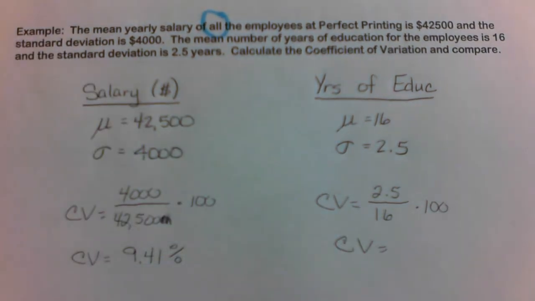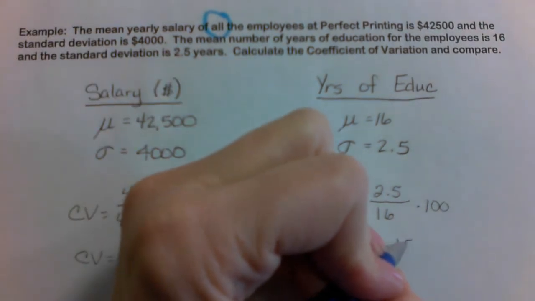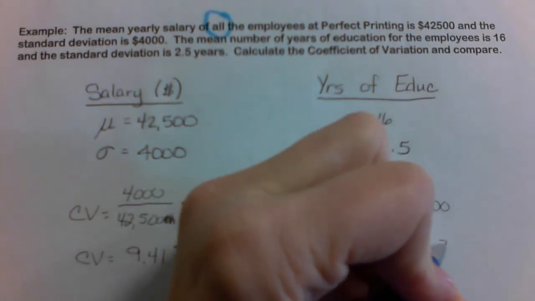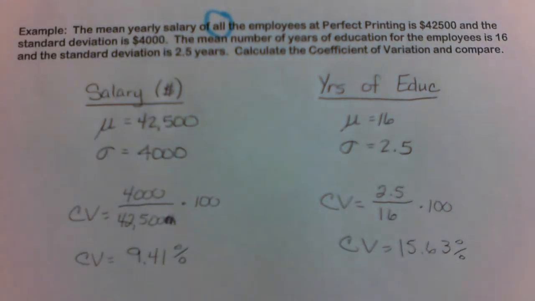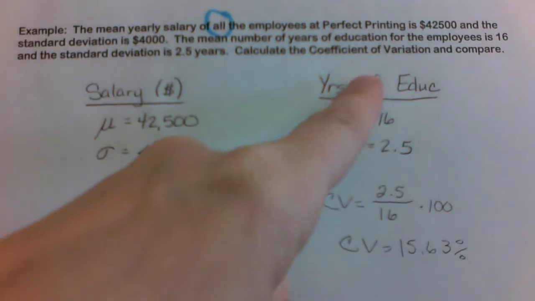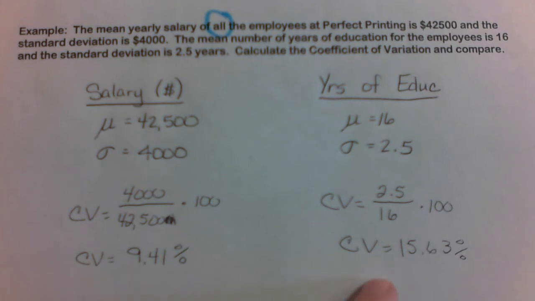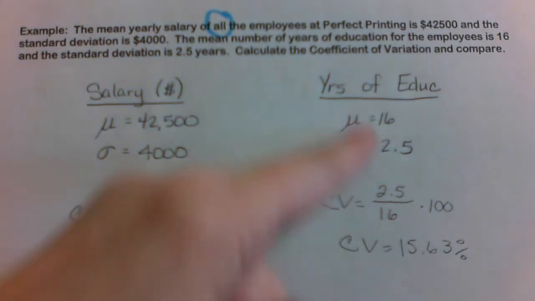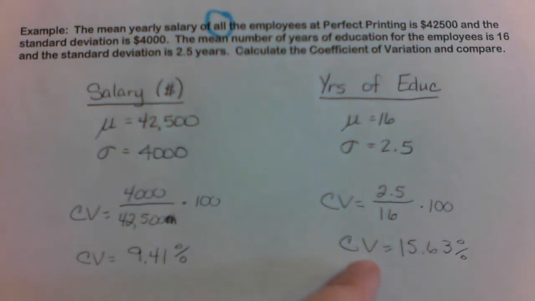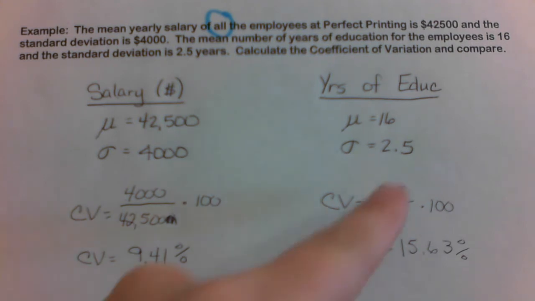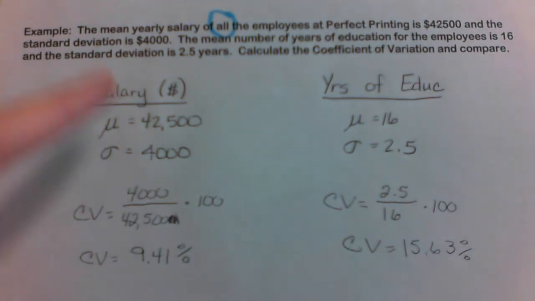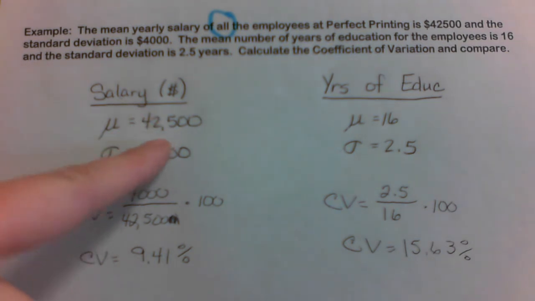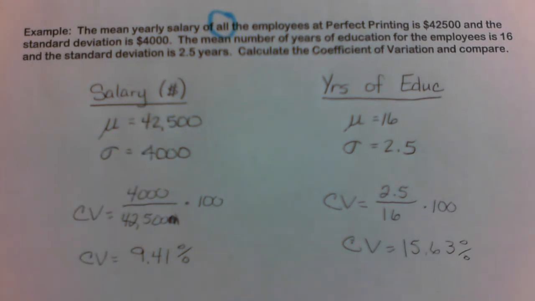So when you do that calculation, you get 15.63%. Now, what that tells me is the years of education has a higher variability, which means those numbers are not as in close relationship to the average of 16 as these values are to its average 42,500. So that's how you calculate the coefficient of variation.